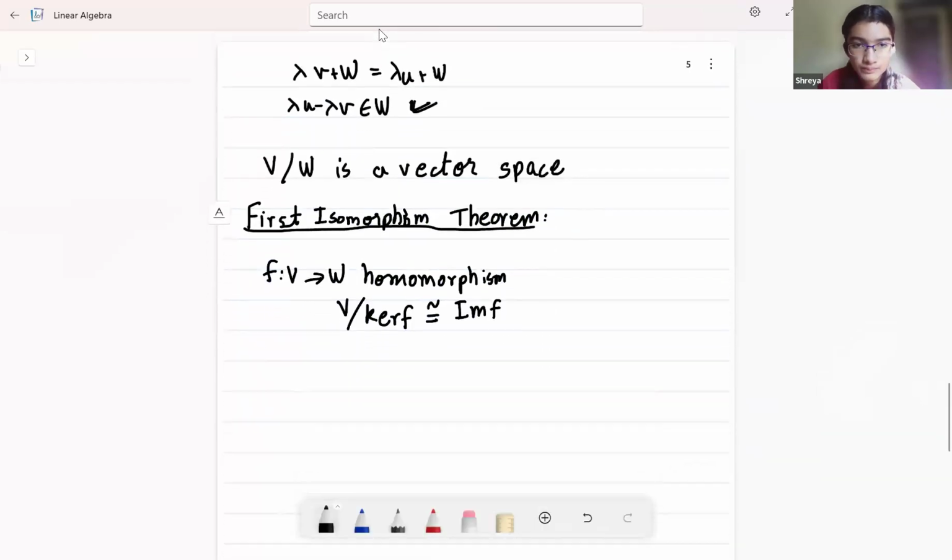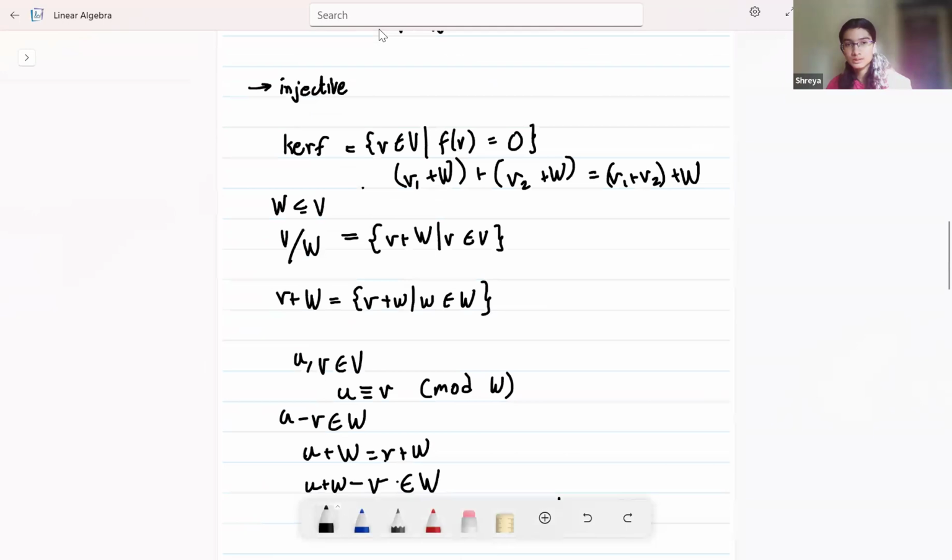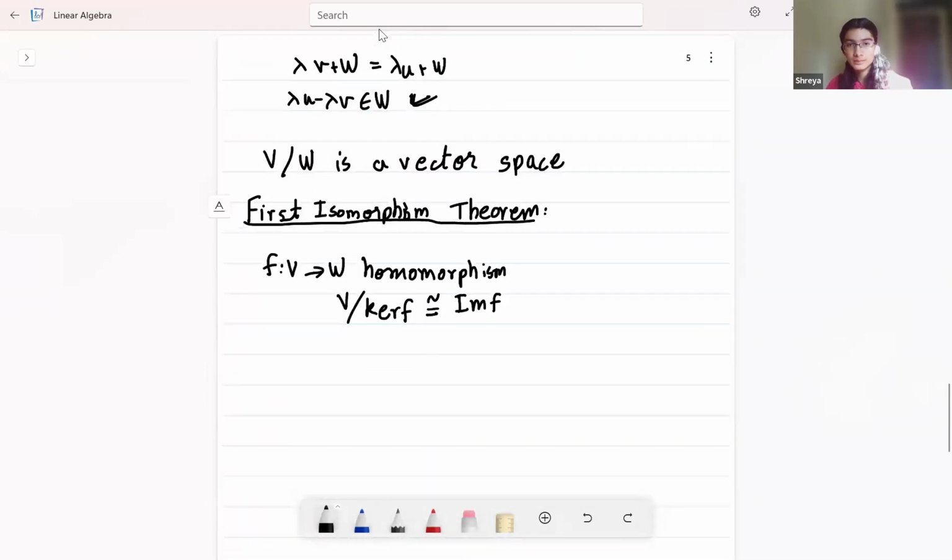Now it actually makes sense to say that they're isomorphic, because this is a subspace. Also, we need to prove a few more things. First of all, we are modding out by the kernel. So we need to prove that the kernel is a subspace of V, and the image is also a subspace.